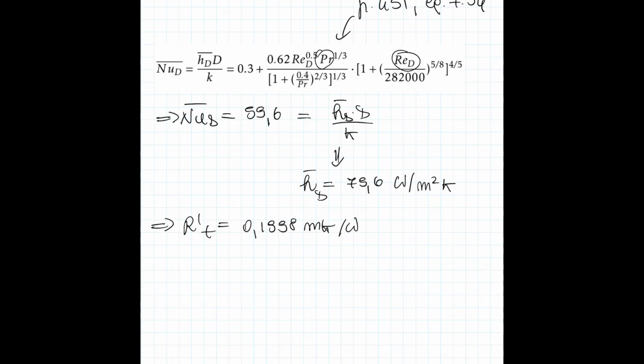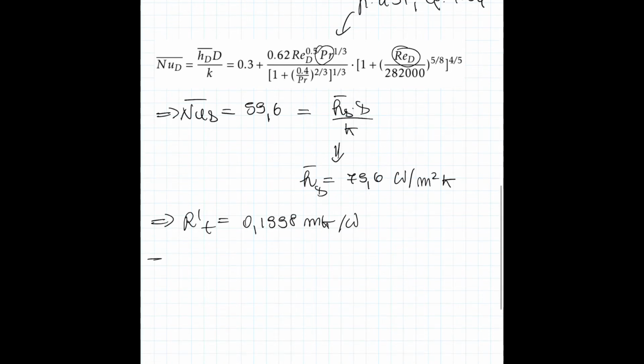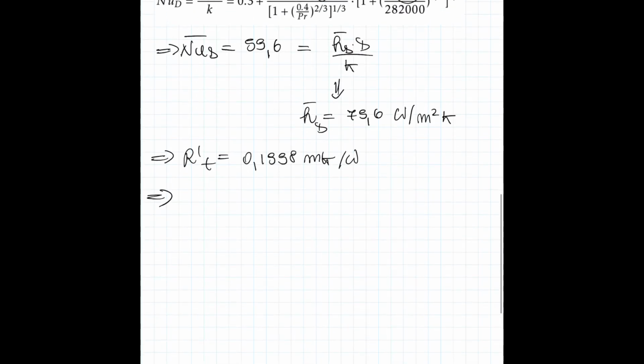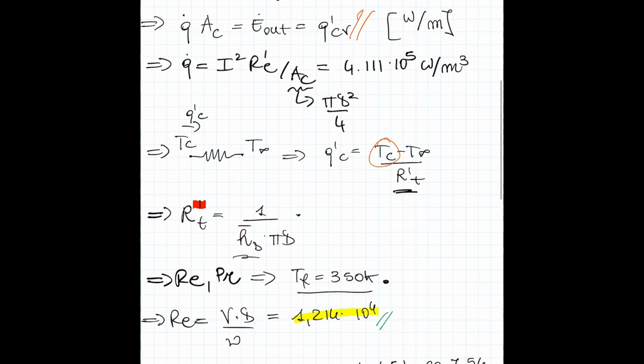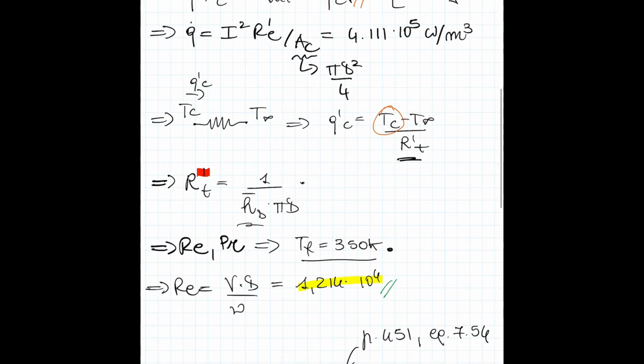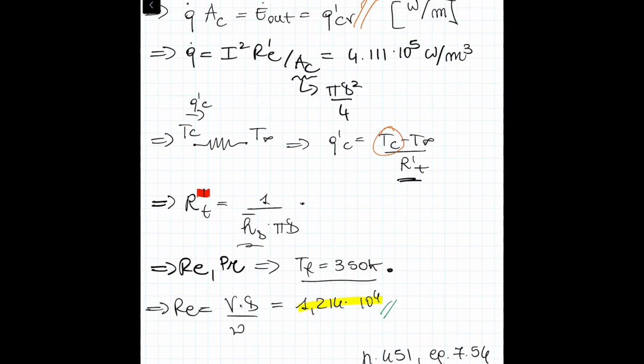Okay, so what happens now? Well, we can sub in all the values we have, starting with the generation term and everything else, and we can just rearrange for T_C, because again, we start from the energy balance, and we know that the generation term times the cross-sectional area is equal to the convection term, which we define just here. And this is really important, please remember this.